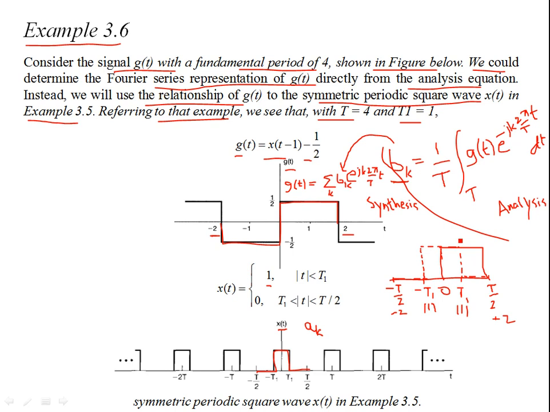This solid line represents x(t-1), and this is your original x(t).